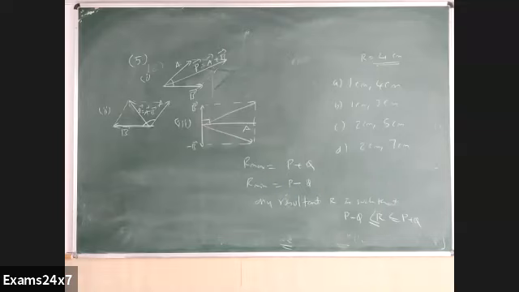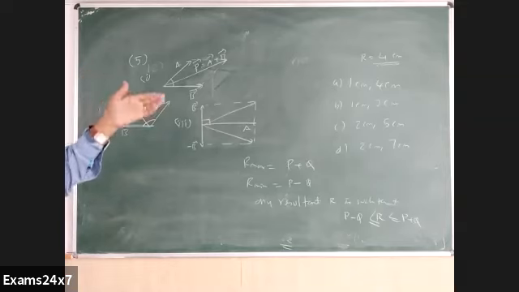So, in the first case, 1 centimeter, 4 centimeter, can we have resultant 4? Yes. The value should be between 5 and at least 3. That is satisfied. 4 is between 3 and 5.